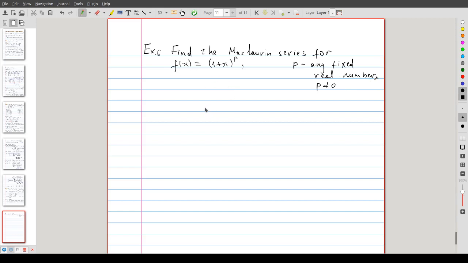Okay, so let us remind ourselves the formula for the Maclaurin series. Our goal will be to show that f of x is the sum of f kth derivative at 0 divided by k factorial times x to the k.